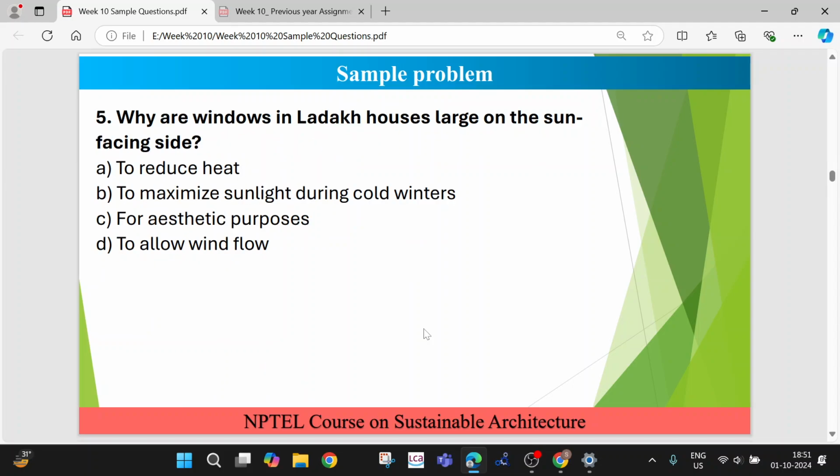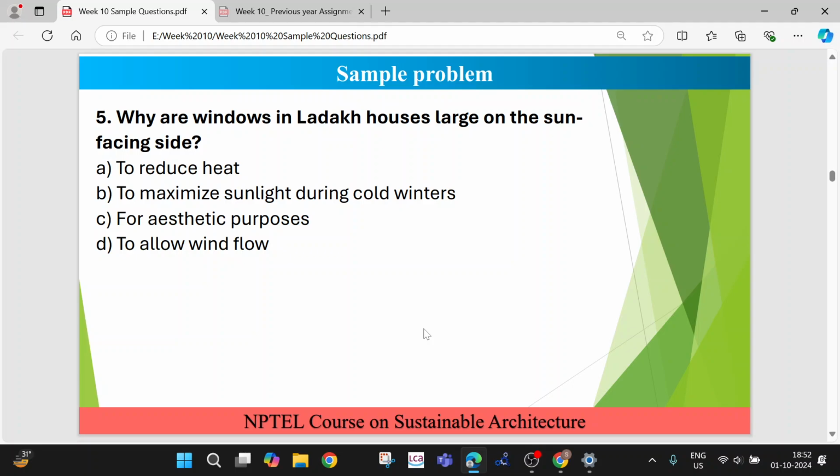Here is question number 5, and I hope this question will also be answered correctly by all of you. Why do the windows in Ladakh have large openings on the sun facing side? A similar question was asked in the case of Rajasthan, whether larger windows should be preferred in the Rajasthan areas or not, and you have answered it correctly.